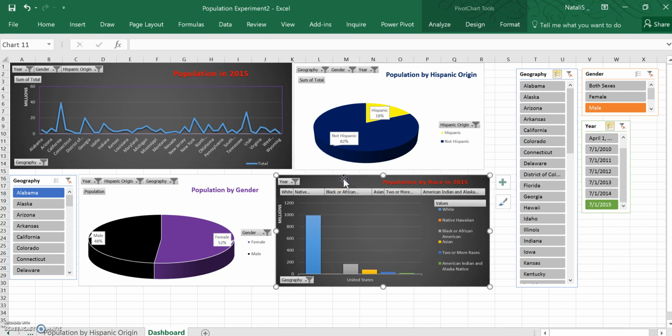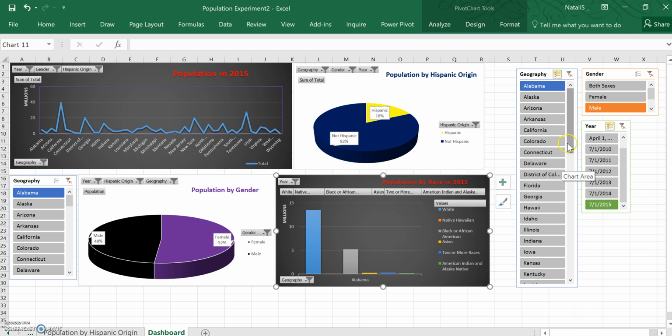The chart population by race, right now we see the information for the whole US. So apparently there are more white and less American Indian and Alaska Native in US, but we can change it and see the information for each state. For example, in Alabama, approximately the same visual information.